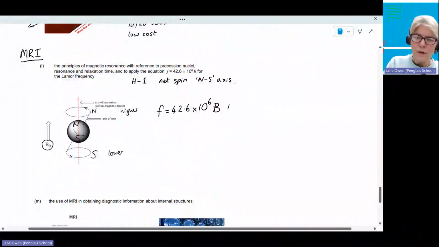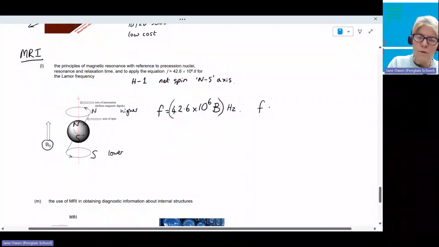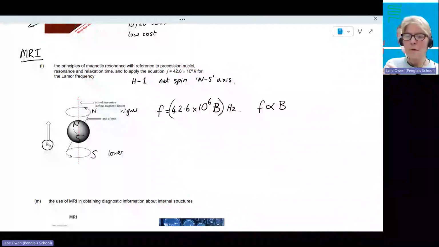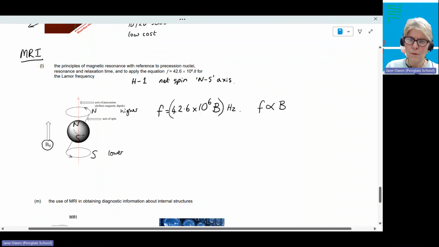So the frequency, I'll put the units there, and I'll put that in brackets because I want you to be aware that the frequency is proportional to the magnetic field strength. And that is the key, because the Larmor frequency across the body and down the body will be ever so slightly different because we change the B field across the body and down the length of the body.